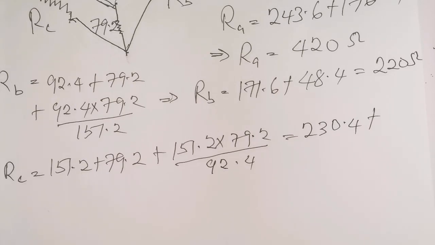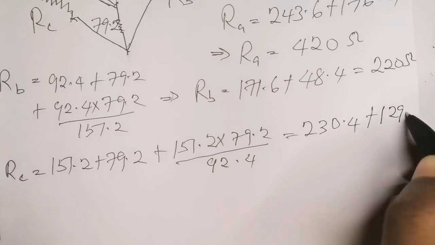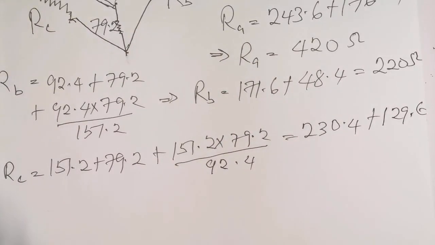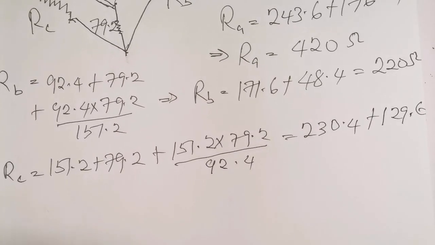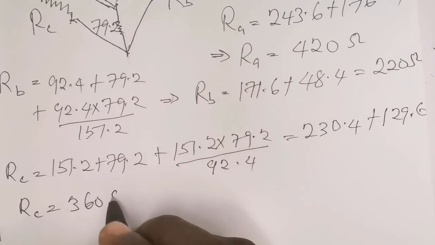This simply gives us 129.6. Okay, now let's add 129.6 plus 230.4. So this simply gives us 360. So this implies that RC is equal to 360 ohms.